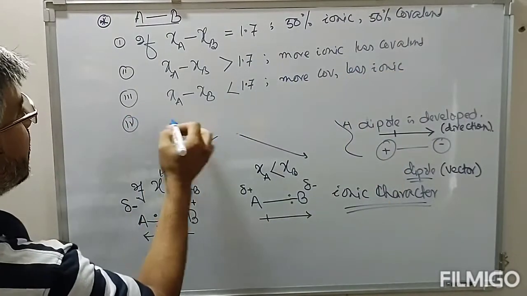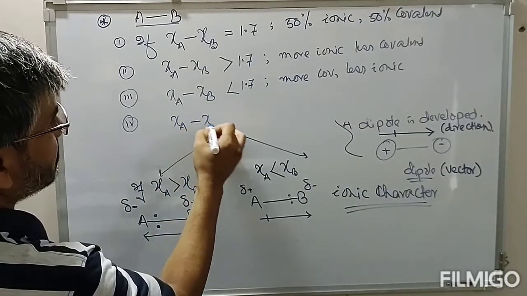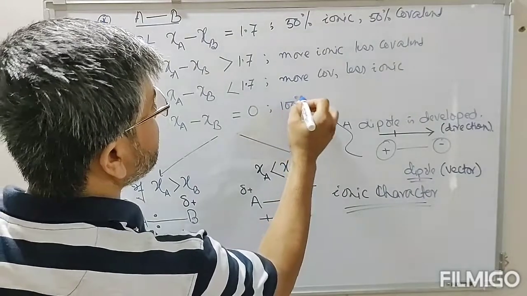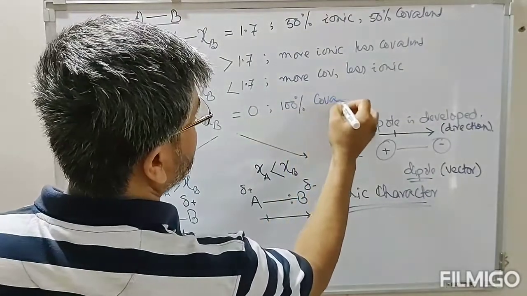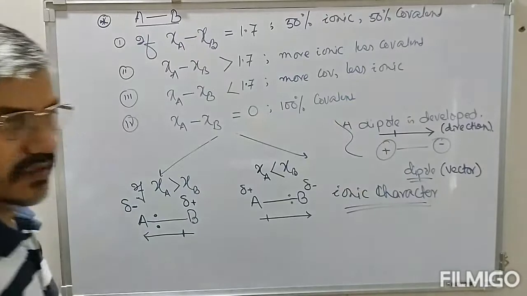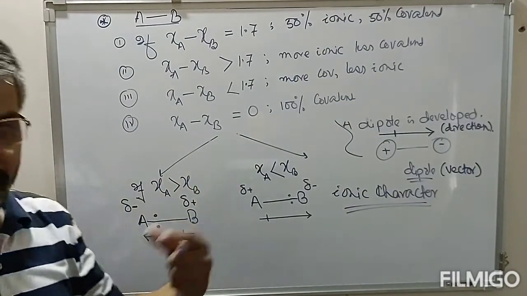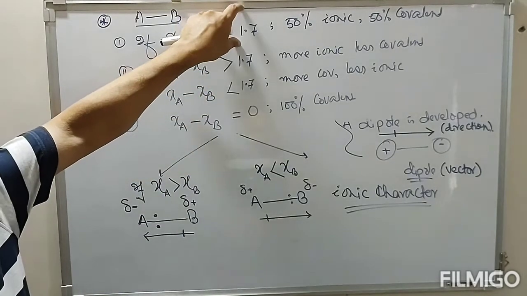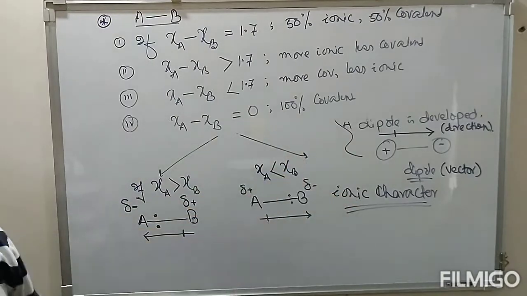But if the electronegativity difference is equal to 0, then we say this is 100% covalent. So if the electronegativity values are given, we can just take this reference to find the percentage ionic character. So the reference is 1.7. This is for the rough prediction.